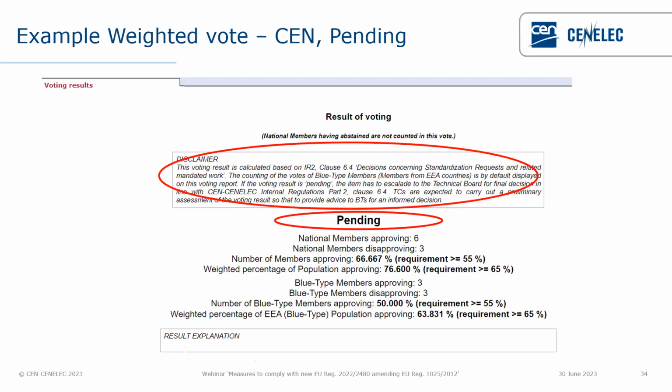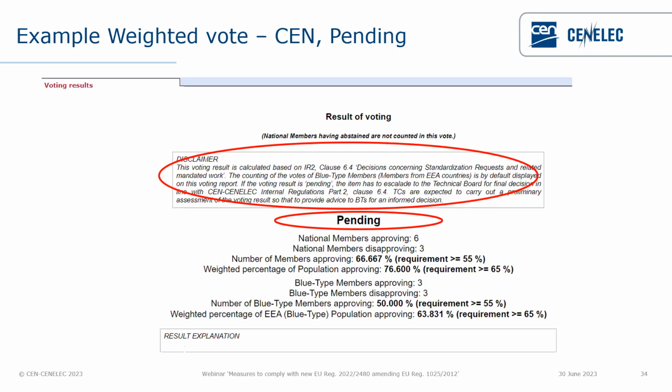So now we go to the example for CEN. Example of pending in CEN. So this is the voting results in CEN. It's pending because the counting with the all members would have approved the standard, while the counting of blue type doesn't.